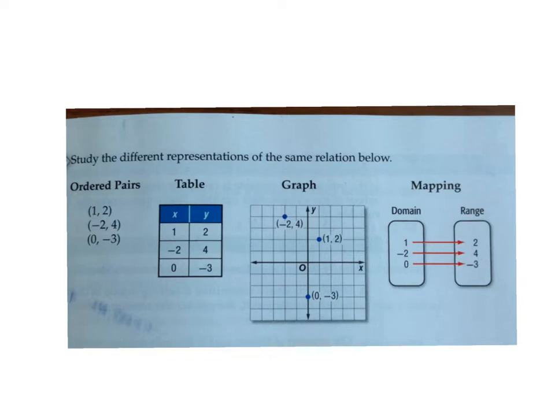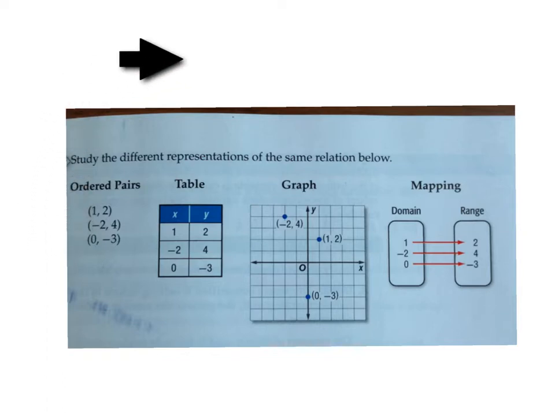This example comes from page 41, the top of the page in your textbook, where it says study the different representations of the same relation below. So we're told that this set of ordered pairs is a relation.